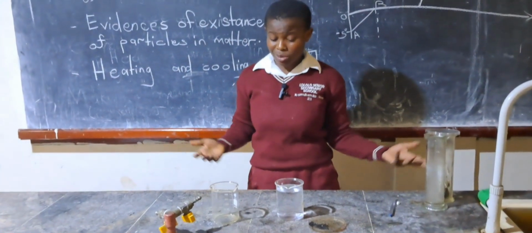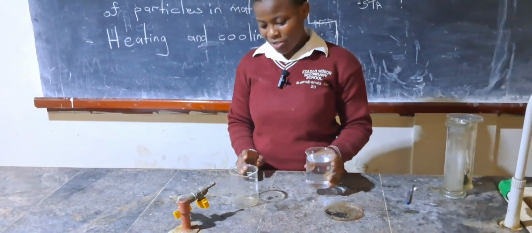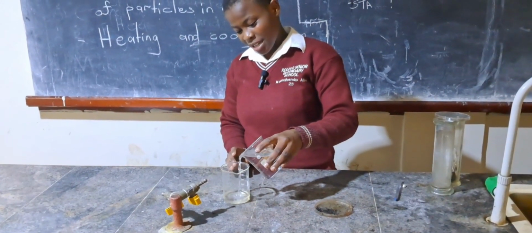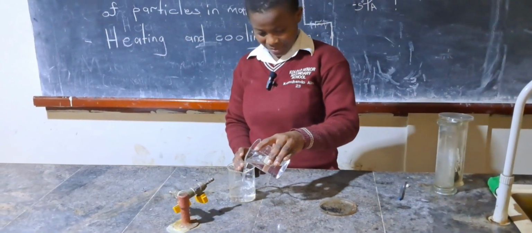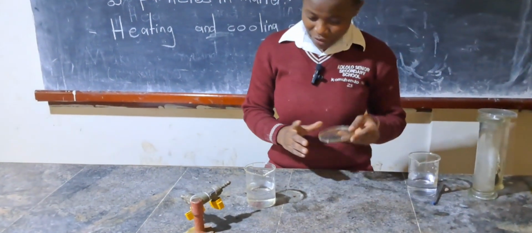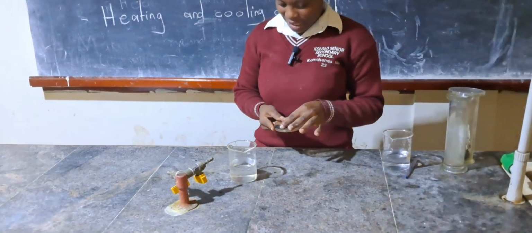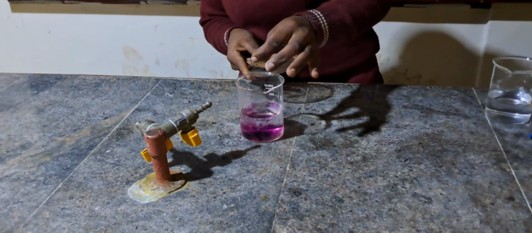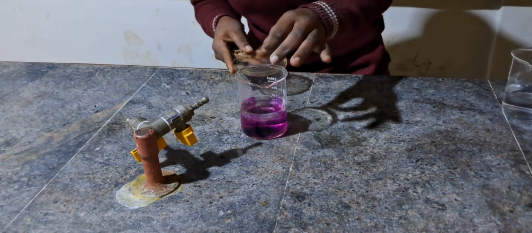Now, in this experiment, what you need to do, pour 150 ml of water in the second glass beaker. Then put a few crystals of potassium permanganate in the water found in the second glass beaker. Just a few.